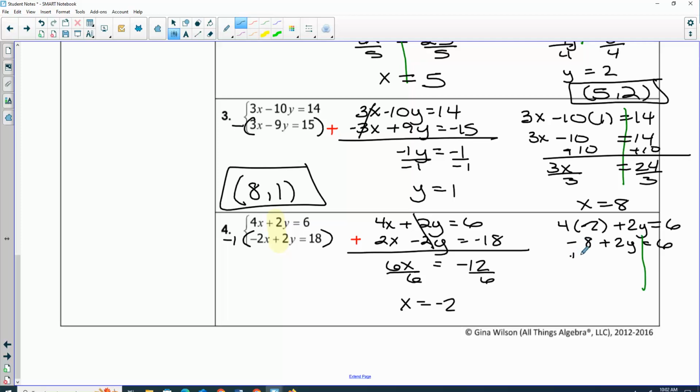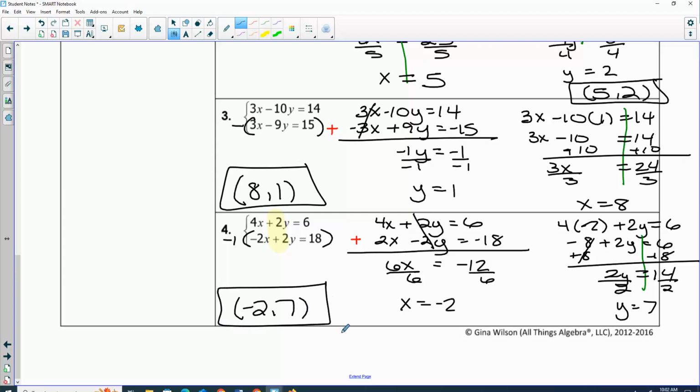We need to add our 8 over. 2y equals 14, divided by 2, and y is 7. So x comma y is negative 2 comma 7.